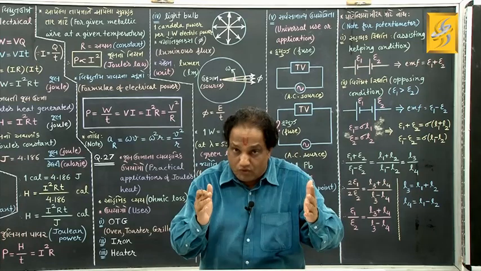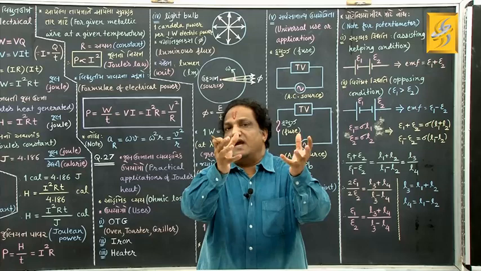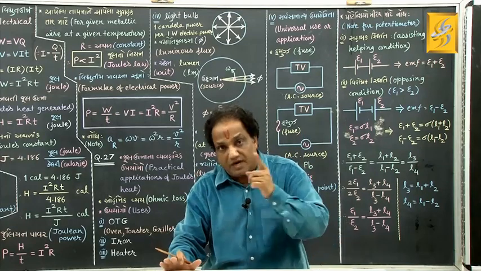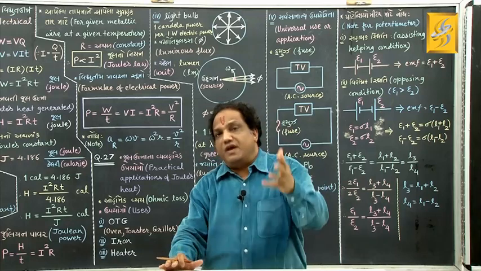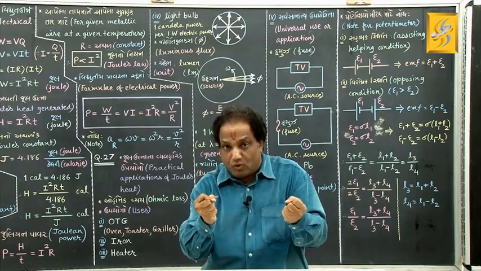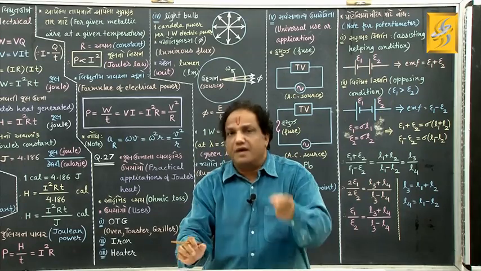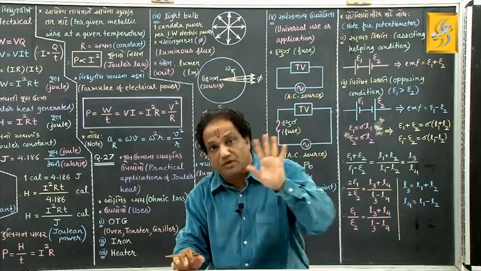The function of the bulb is possible only when light energy is emitted, but light energy is emitted only at a temperature beyond a certain limit, and for that we desire that a lot of heat must be produced, and that too very quickly, and that is the advantage of Joule's heat produced in the filament of the bulb.